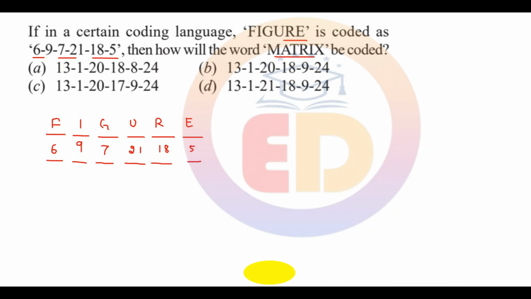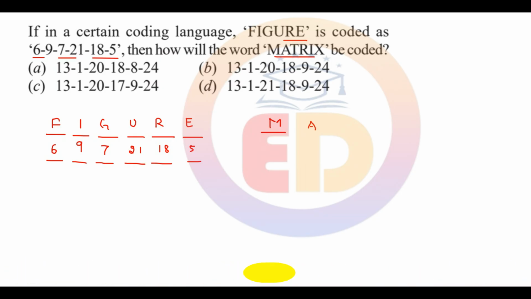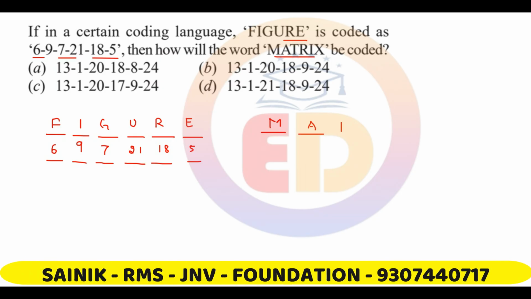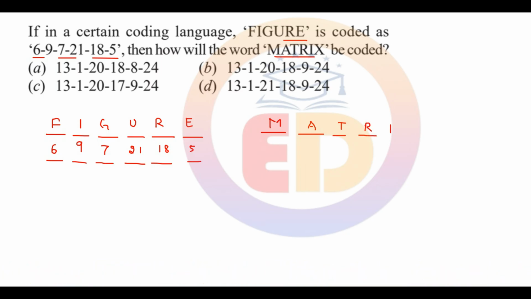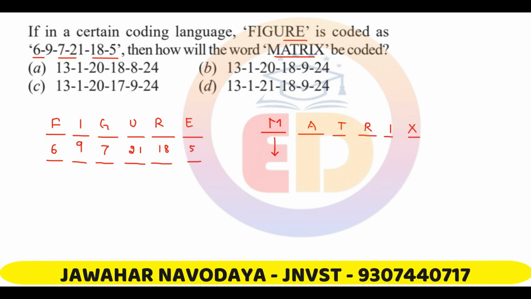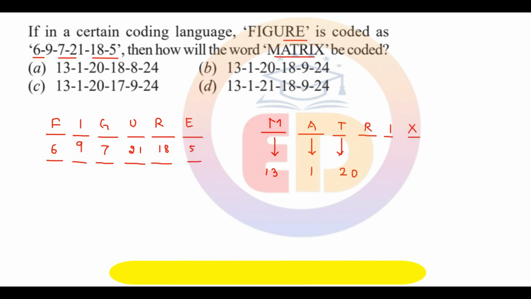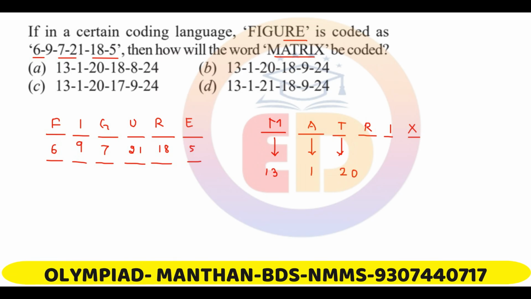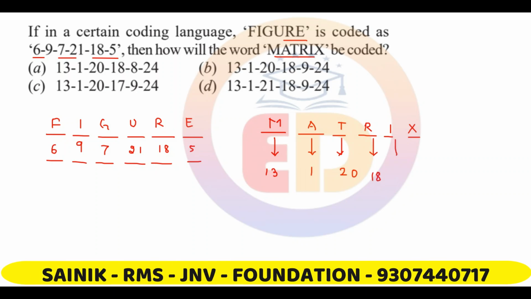to give a code. Similarly for matrix, we will replace the letters with their respective numbers according to the English alphabetical series. M will be 13, A will be 1, T will be 20, R is 18, I is 9.